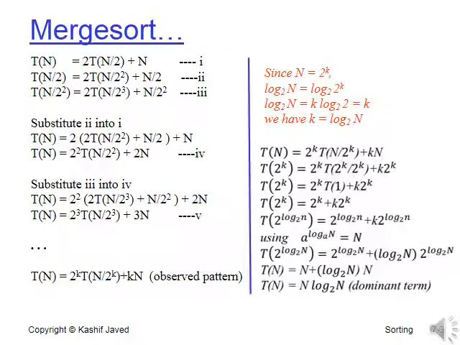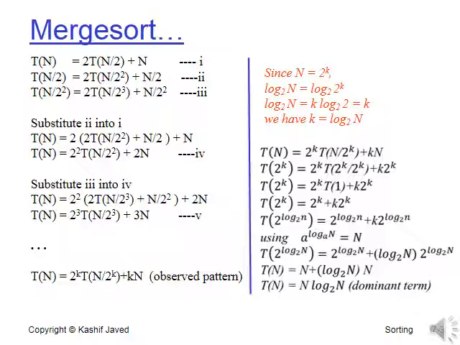T(n) equals 2 times T(n/2) plus n, and let it be equation 1. Now let's substitute n by n/2 in equation 1. We get T(n/2) equals 2 times T(n/2^2) plus n/2. Let it be equation 2.